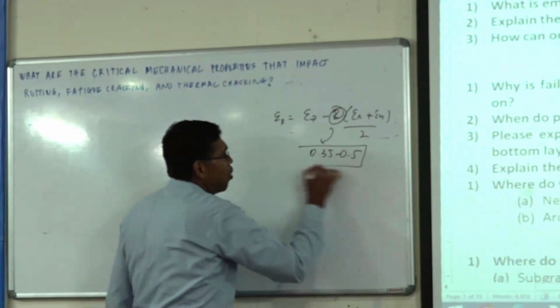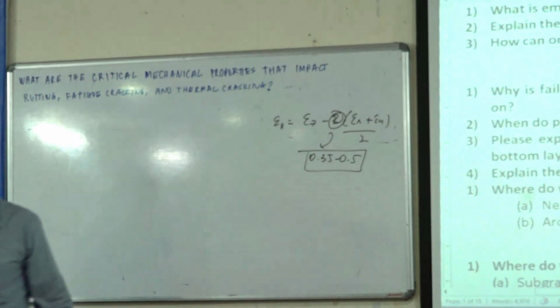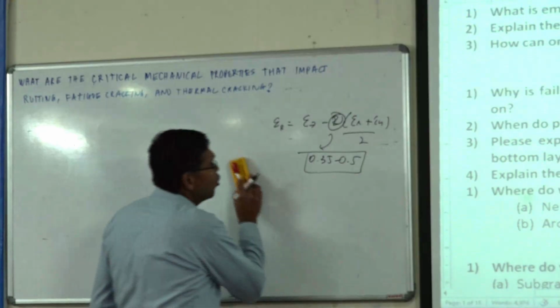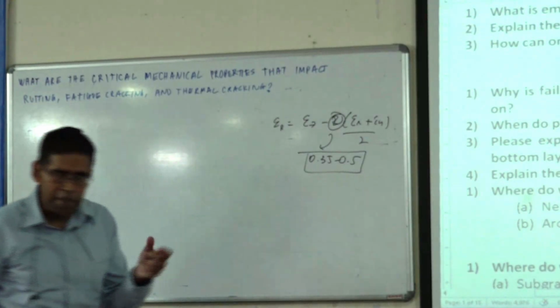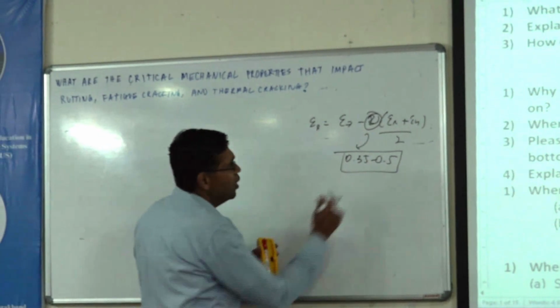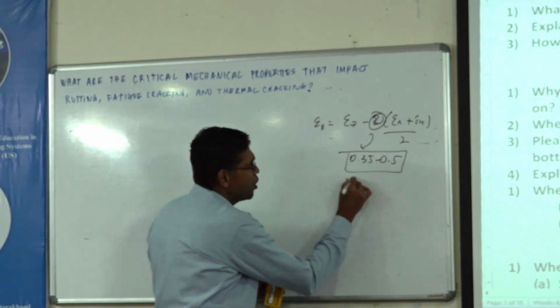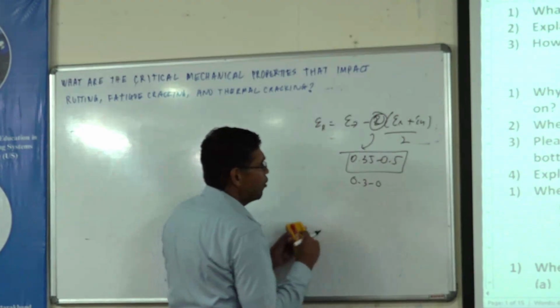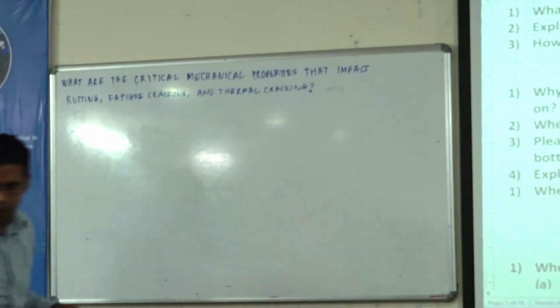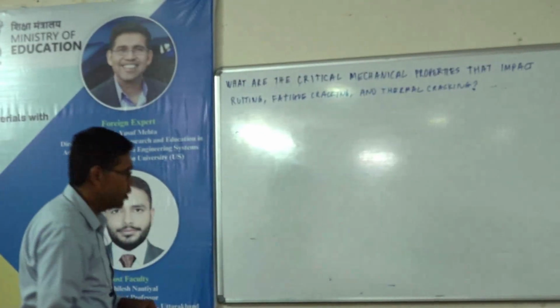You're looking at such a small number that it makes very minimal difference. It's usually 0.3, 0.35 or 0.45 or something like that. So it doesn't have a lot of effect.